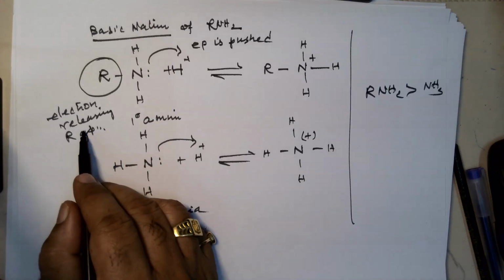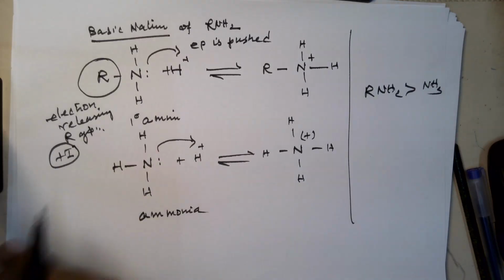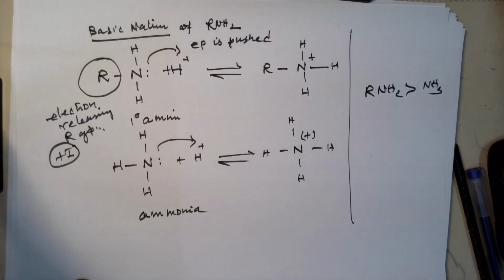What do you call this effect? In fact, this is known as the +I effect. So that is why alkyl amines are stronger bases than ammonia.